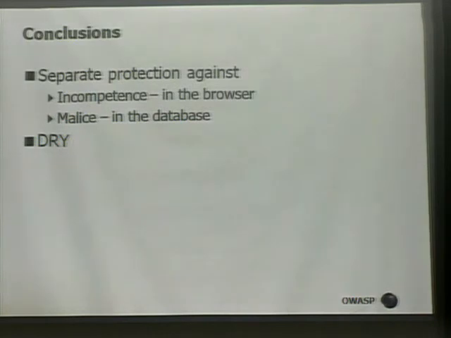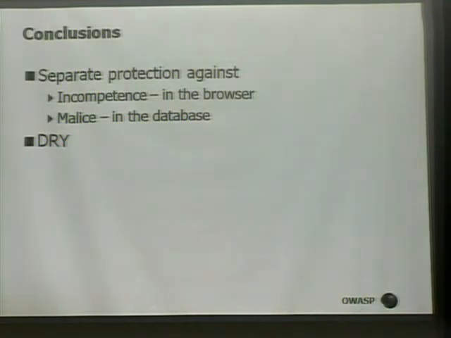To conclude, I think it's important to make a clear distinction between two things. You want to protect against two different things. One is what I call malice, and the other is what I call incompetence.